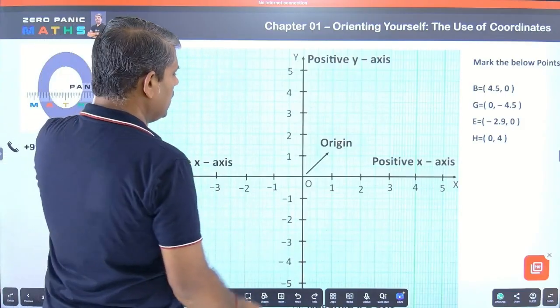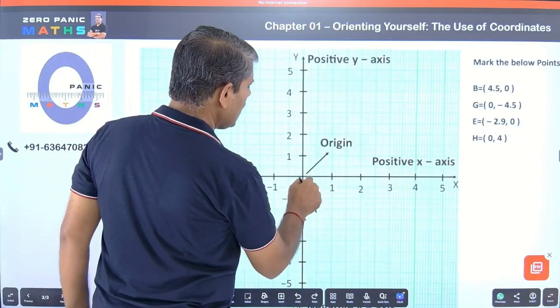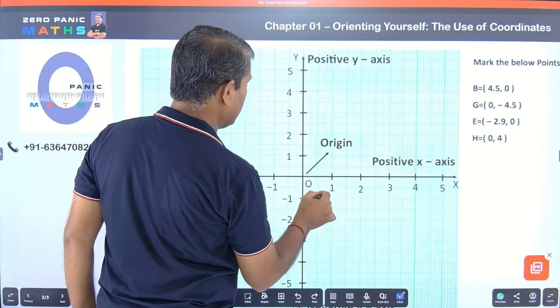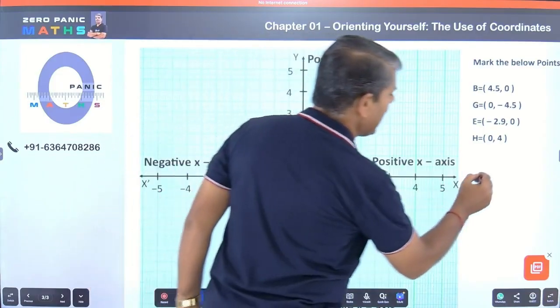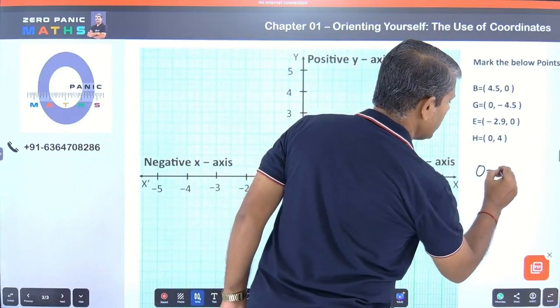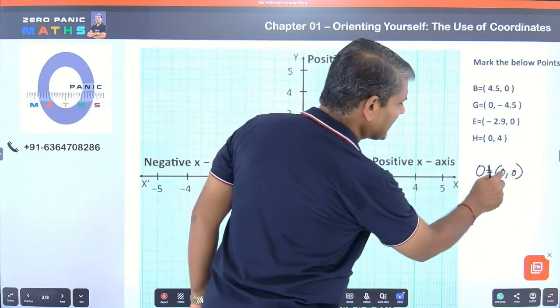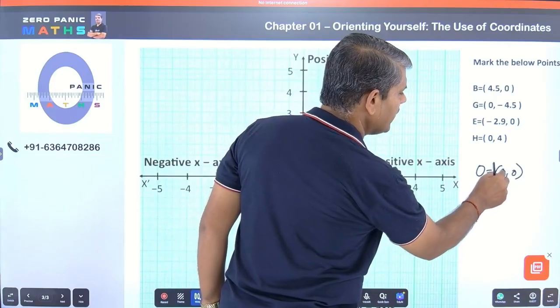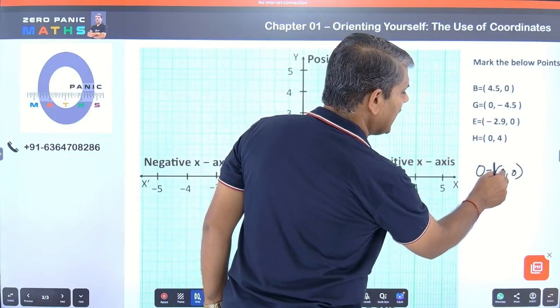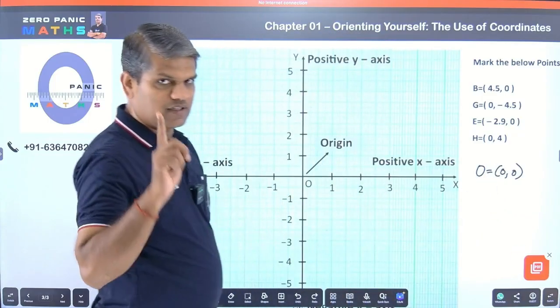Now, the origin's coordinates we usually represent as O = (0, 0). We always represent the value of the x-axis first and the y-axis next. Remember this.